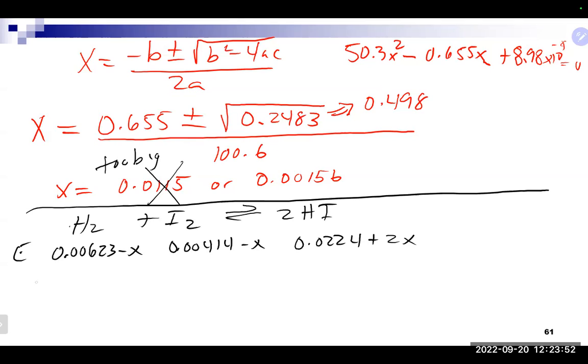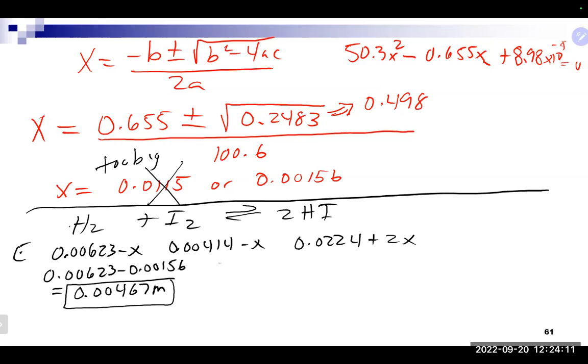And using that number to get our equilibrium concentrations: 0.00623 minus 0.00156 for our H2 gets us something like 0.00467 molar. For our I2, 0.00414 minus 0.00156 gets us 0.00258.